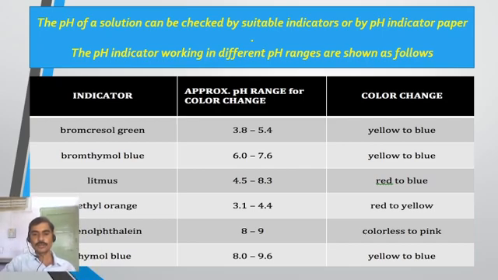Methyl orange: pH range is 3.1 to 4.4, color change is red to yellow.